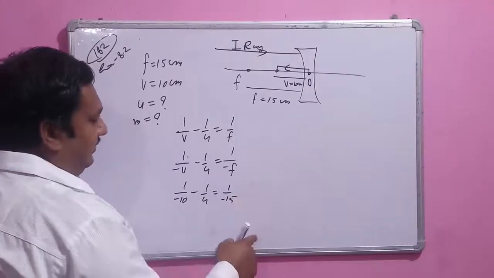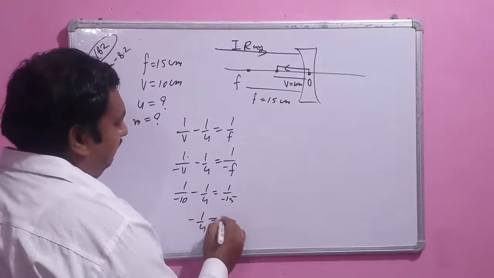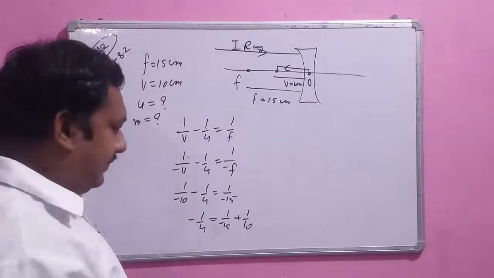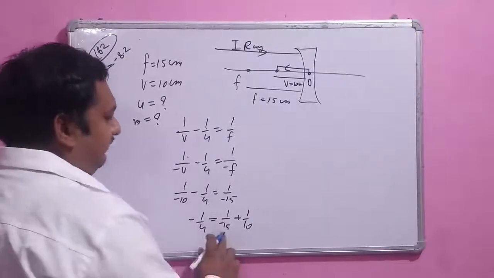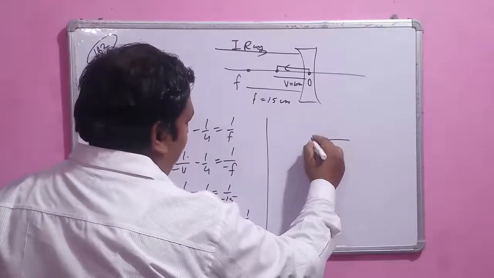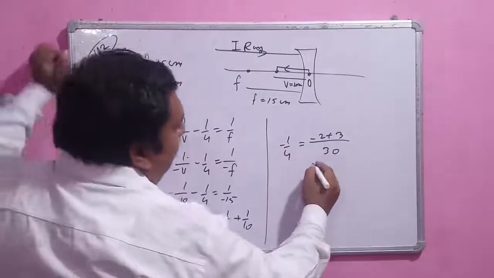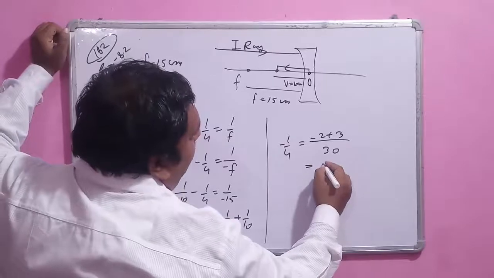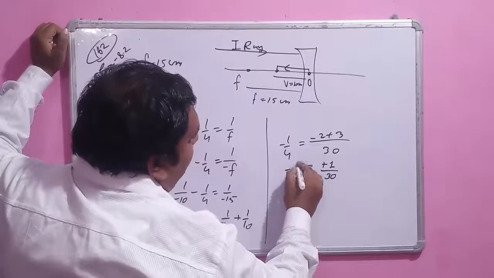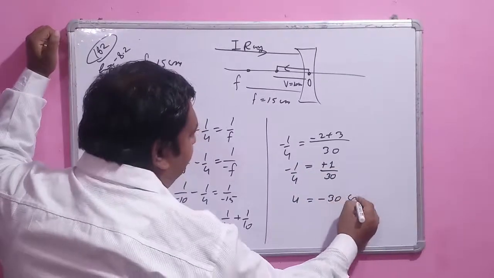Now transfer this v to this side. So minus 1 upon u equal to 1 upon minus 15 plus 1 upon 10. Now we will take the LCM, and LCM will be 30 in this case. So minus 2 plus 3, so it will be plus 1 upon 30 equal to minus 1 upon u, or u equal to minus 30 centimeter.